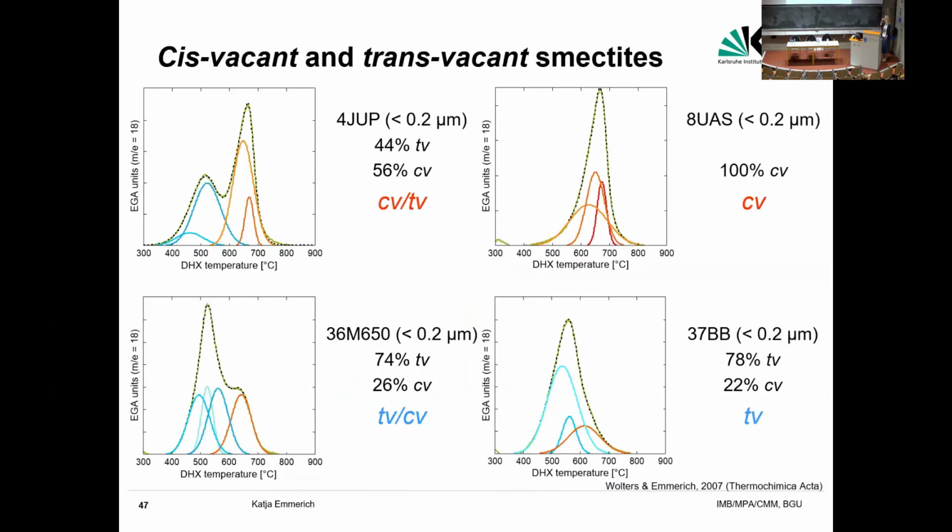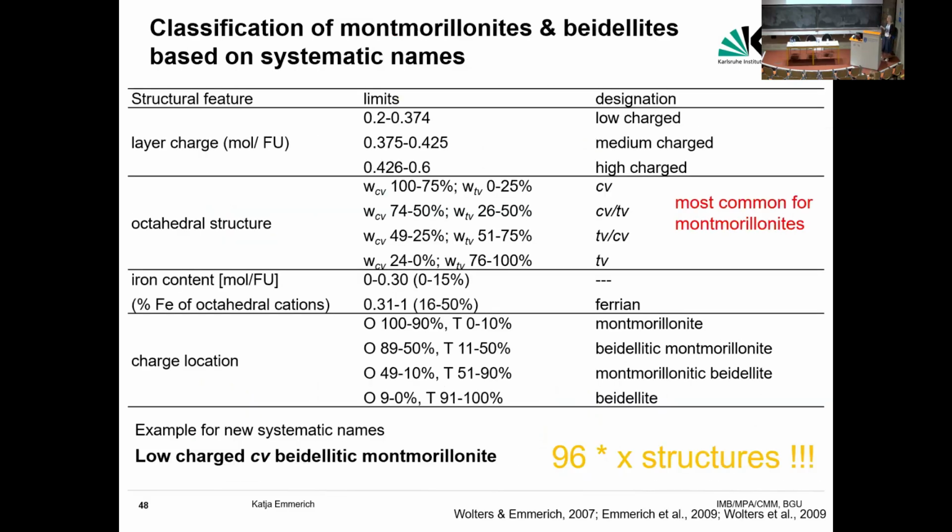And a PhD student of mine several years ago studied a huge set of smectite samples, I think around 30 samples, and she found out that montmorillonites in most cases show a mixed structure of cisvacant and transvacant octahedral structures, followed by structures that are purely cisvacant, and only a few samples showed a transvacant structure of the octahedral sheet.